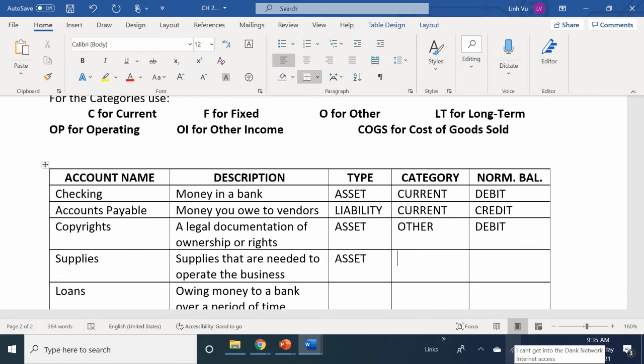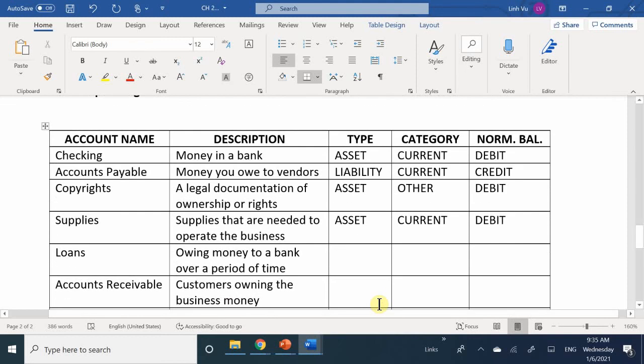But the main thing is once you buy your supplies, you own the supplies until you use them. When you use those supplies, typically it would have the word expense behind it. In this case, it is a current asset because it's something you can convert into cash easily. You can resell the pens, or give them back to the store. Debit, and it is a debit balance. Good.